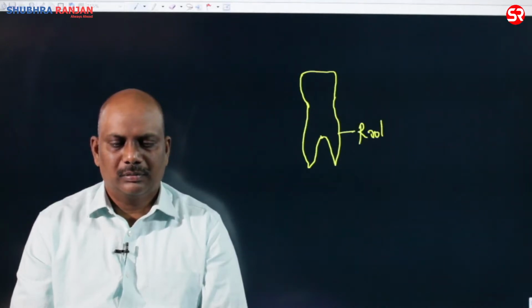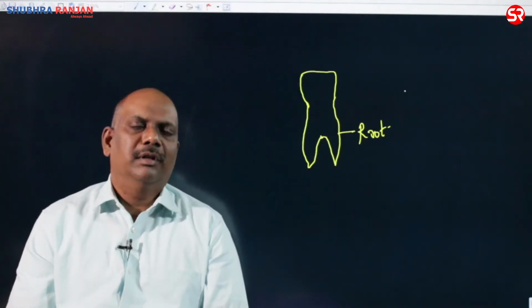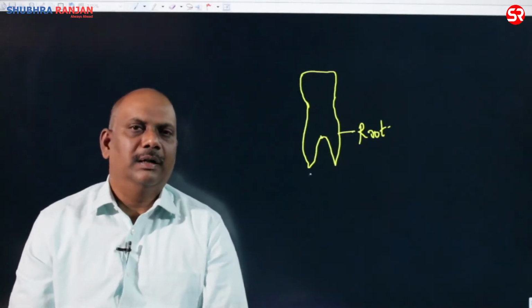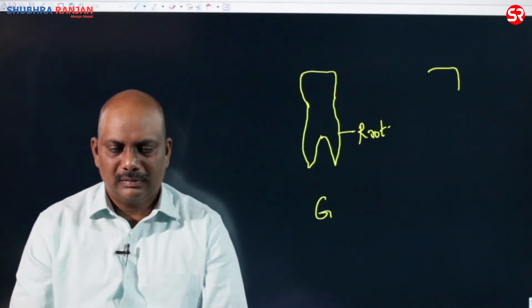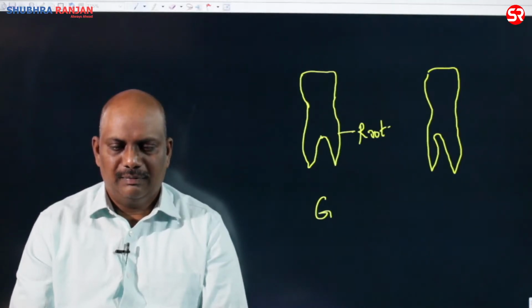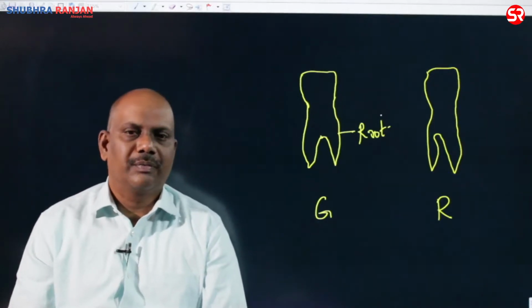Okay. These are the roots. The wearing pattern of the molar. Suppose this is the molar of gracile, and if this is the molar of robust.